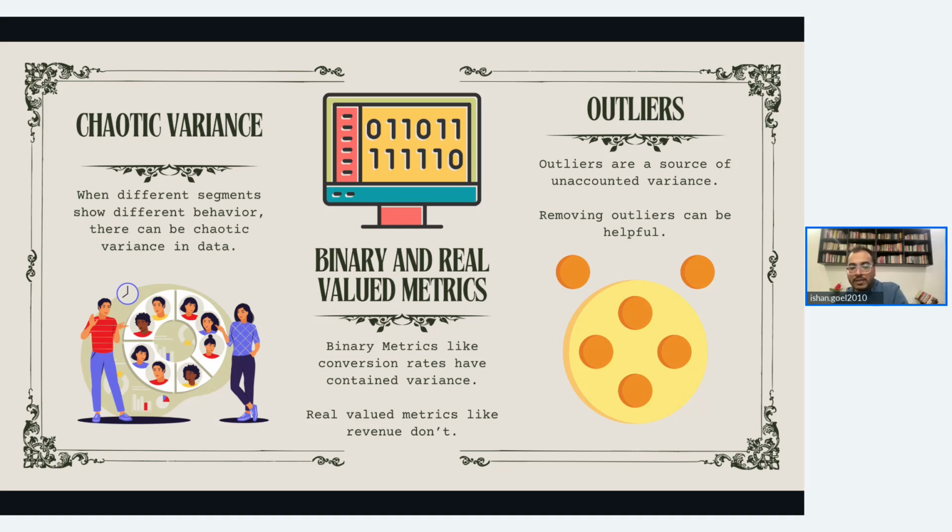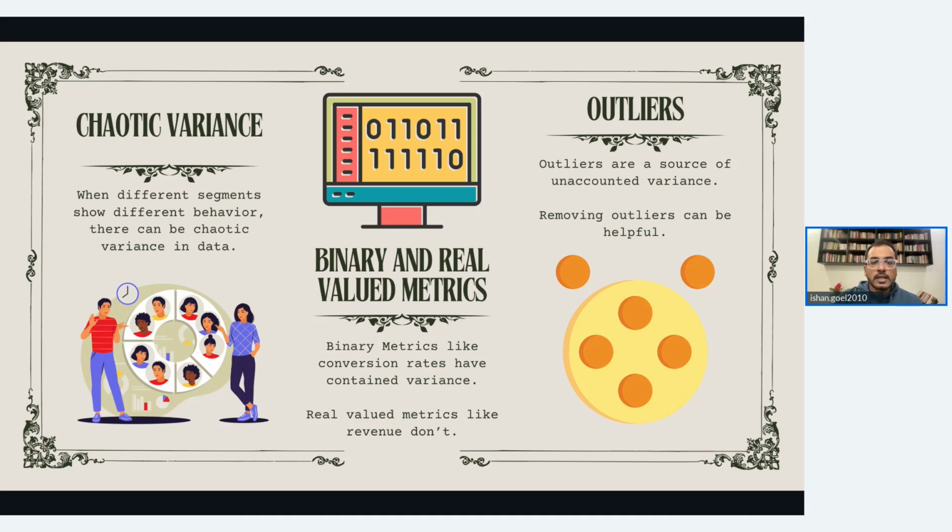And every time you have a real valued metric, they might or might not have a variance related problem. So when you detect chaotic variance, one good idea is to switch to low variance proxies, which can be binary metrics for real valued metrics. When we come to questions, I'll also explain how you can select these low variance alternatives.